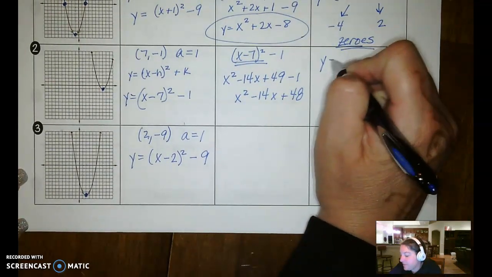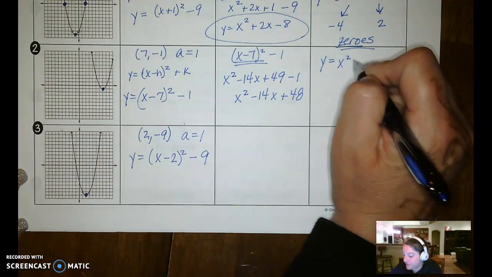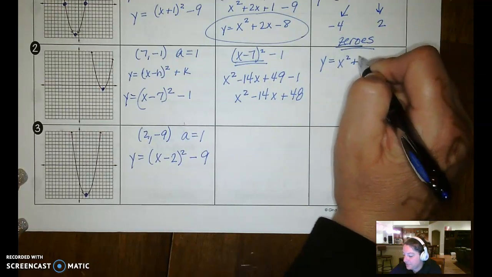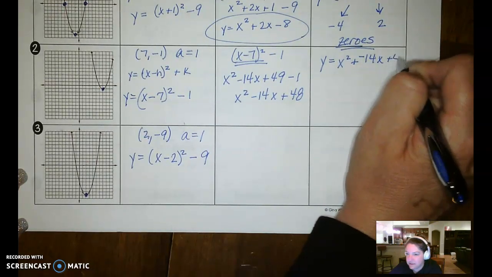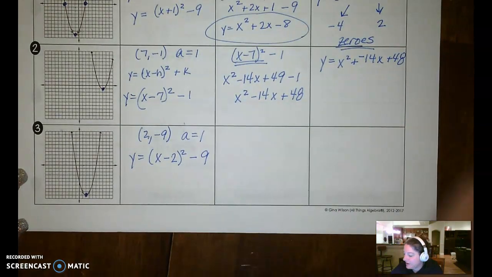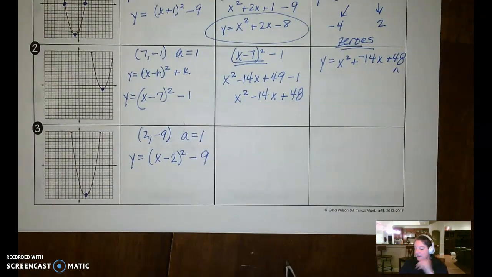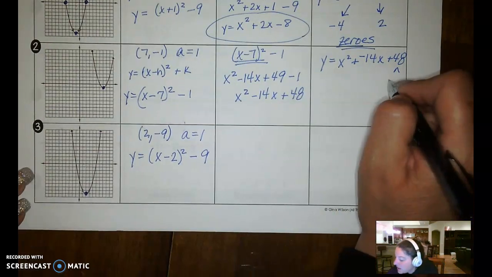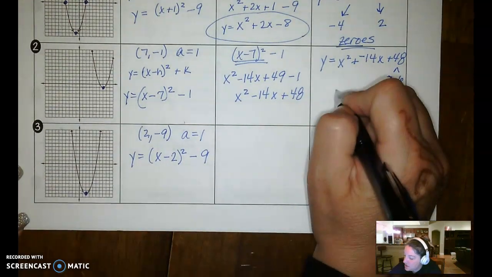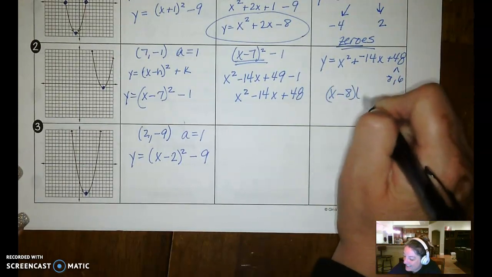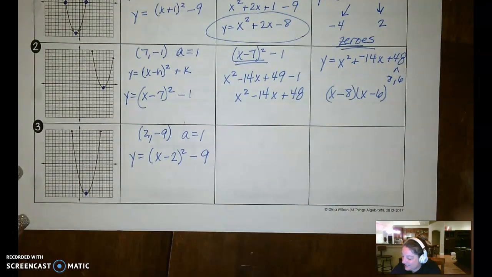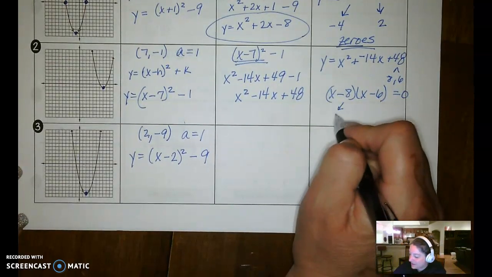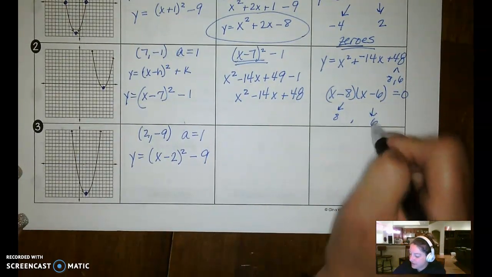And then if I were to put it into factored form, whoops, that should be a minus 14x. Sorry about that. Okay, so into factored form, let's see. Numbers that give me 48 are going to be 8 and 6, right? So I get x minus 8, x minus 6. When I set that equal to 0, my two zeros are going to be positive 8 and positive 6.